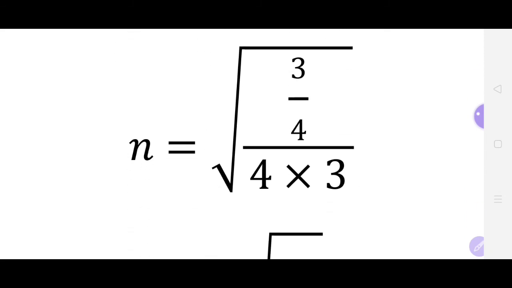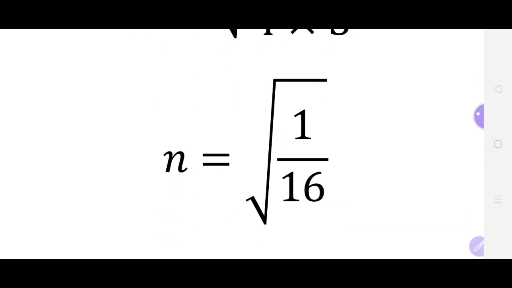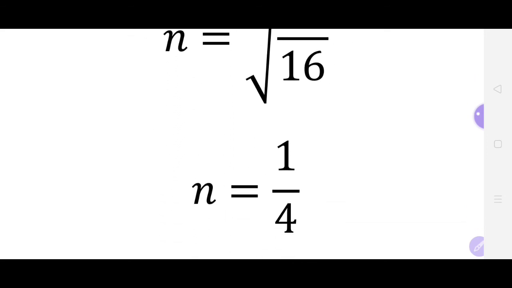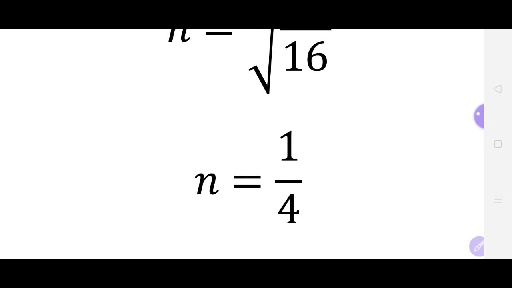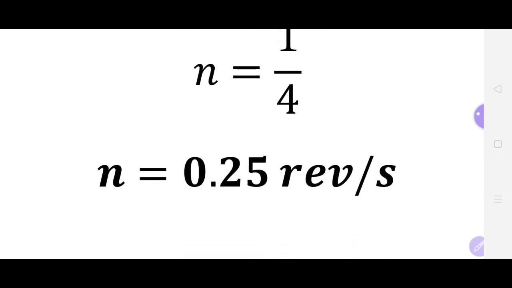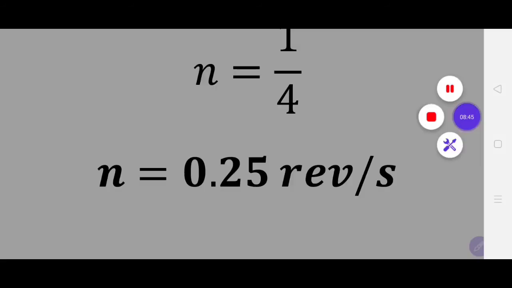And now it is 3 by 4 upon 4 into 3. Okay. Now 3 gets cancelled and we get 1 upon 16. 4 into 4 is 16. So the answer will be n is equal to 1 upon 4 or 0.25 revolutions per second. So this is the frequency which is required to complete the circles by the merry-go-round.